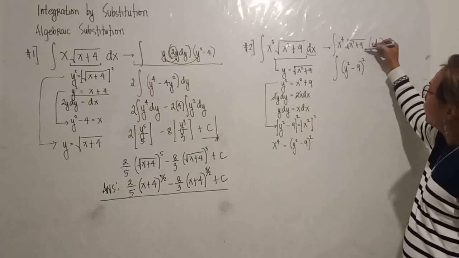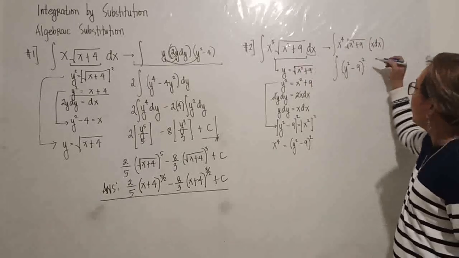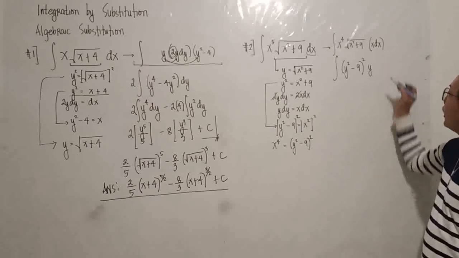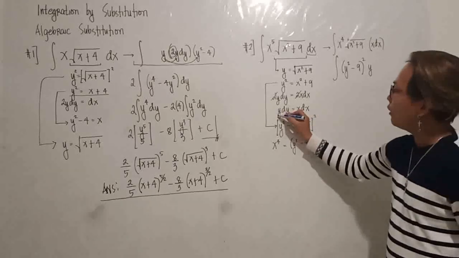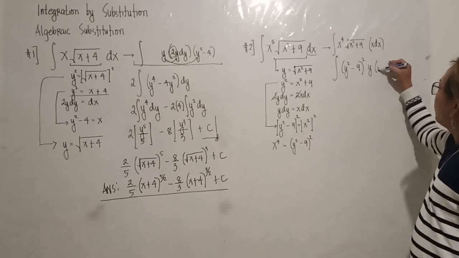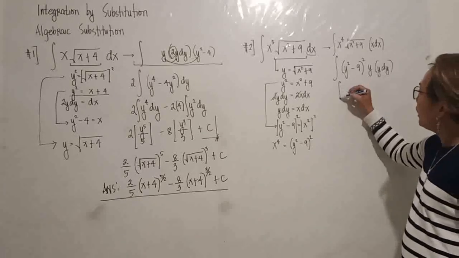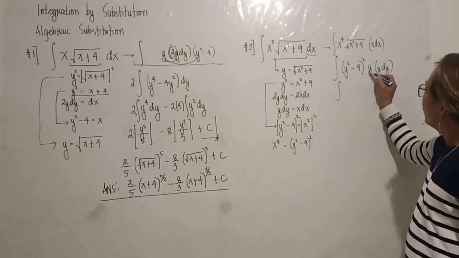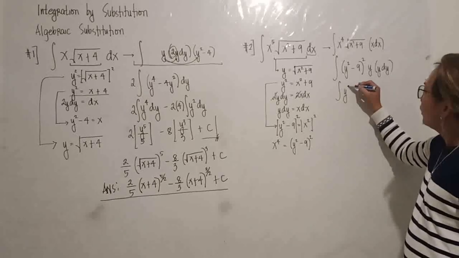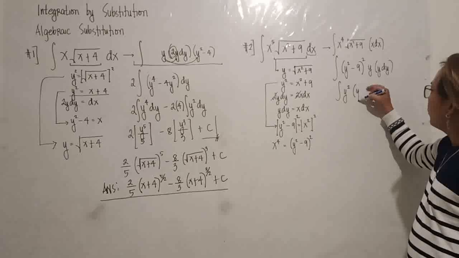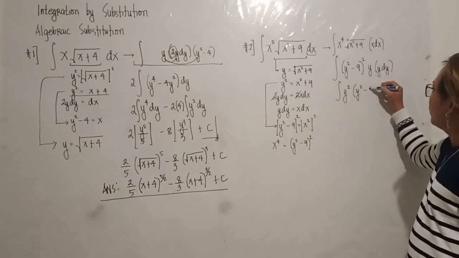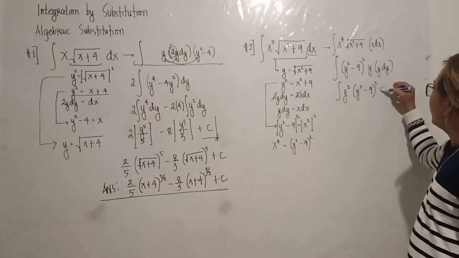So your equation will be y squared minus 9 squared. And this square root part is simply equivalent to y. Then the x dx is simply equivalent to y dy. So your equation now is y squared, then y squared minus 9 squared dy.